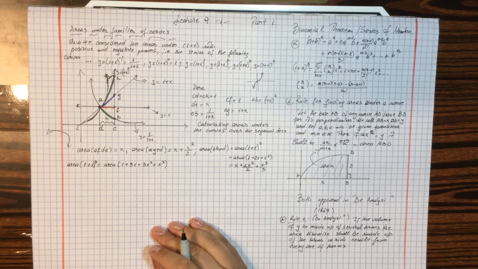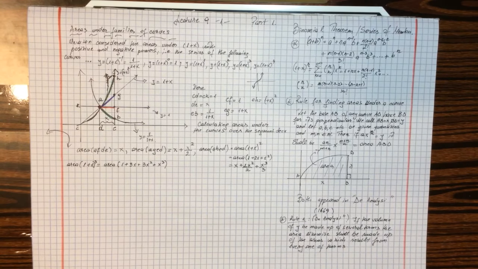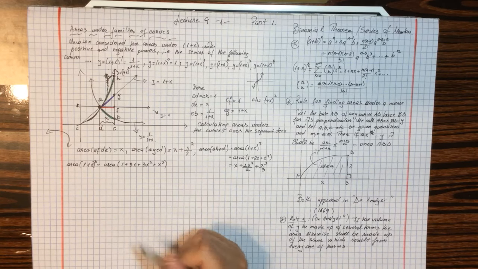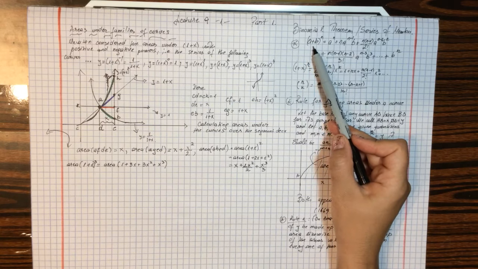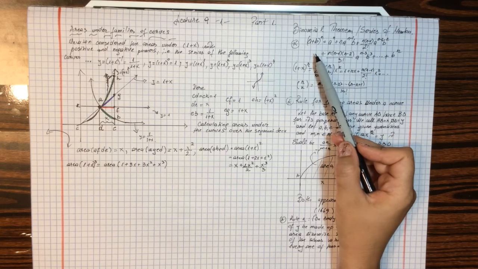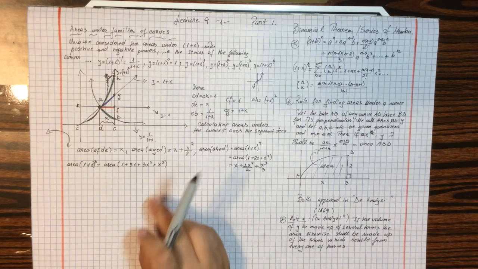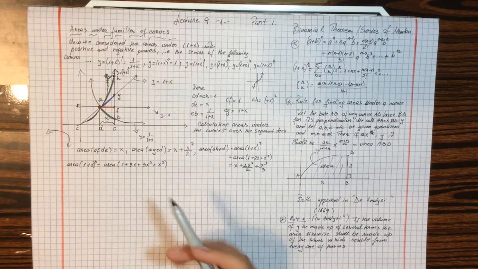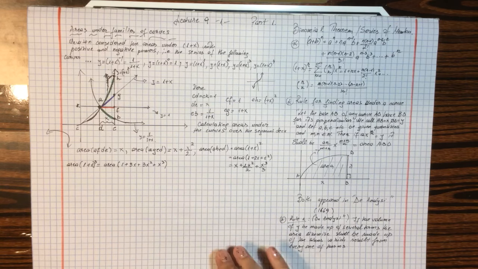You might say, how do you know so quickly that this is what the expansion will look like? Remember we talked about the binomial theorem. If you actually use the binomial theorem to expand 1 plus x to the third, you'll see that it comes down to that.